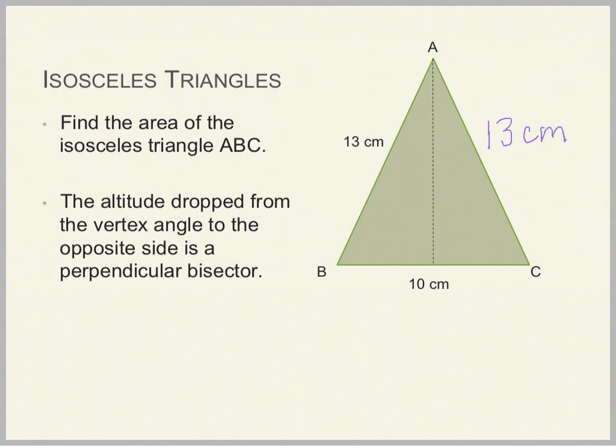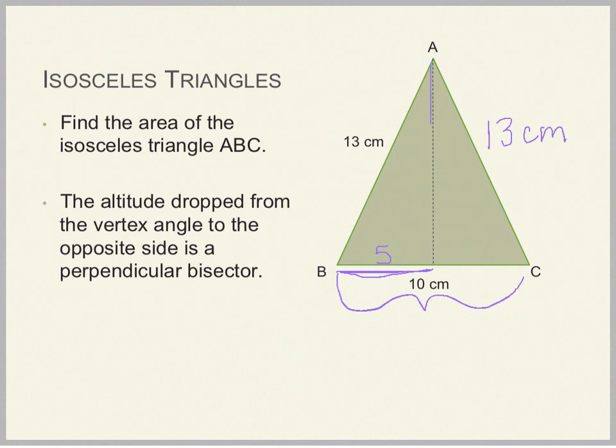And we have the altitude, which is the height of this triangle, creating a perpendicular bisector, bisecting this into two triangles. Well, what I know then is if this entire base of the triangle is 10 centimeters, then this base of the triangle is 5 centimeters.